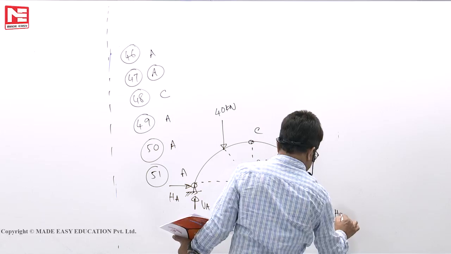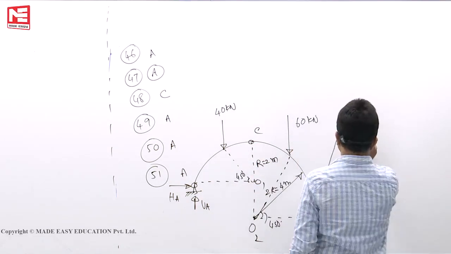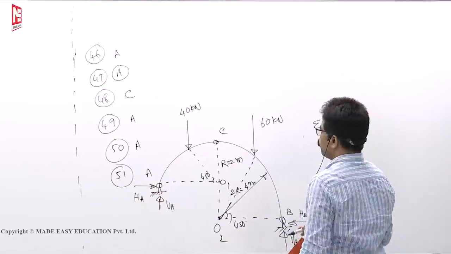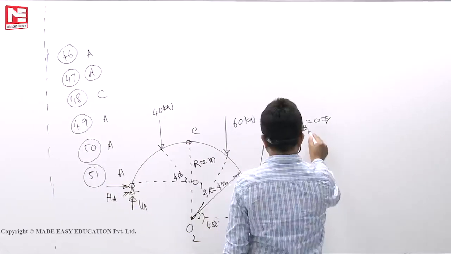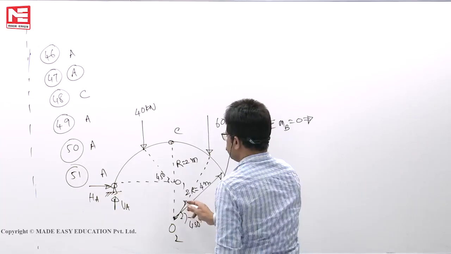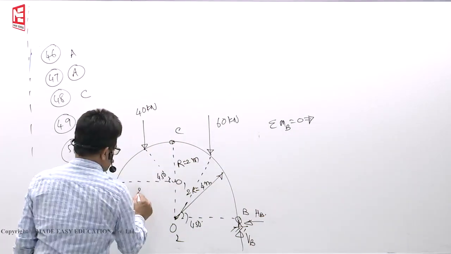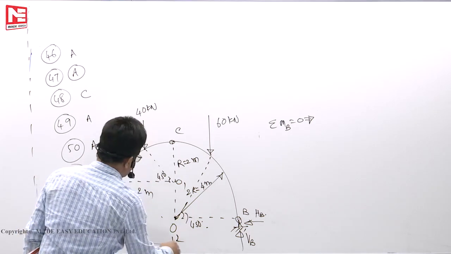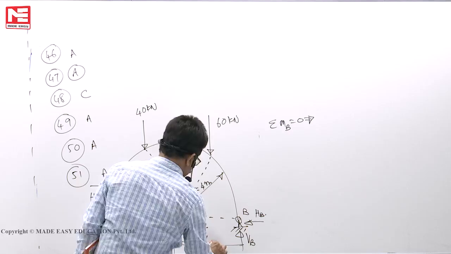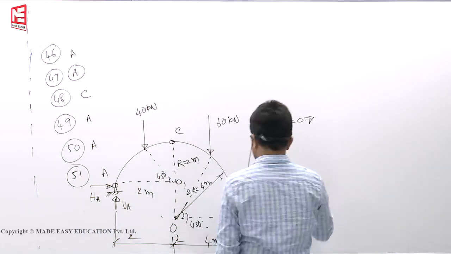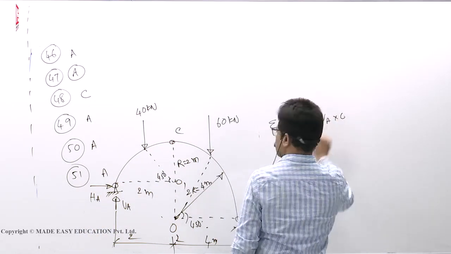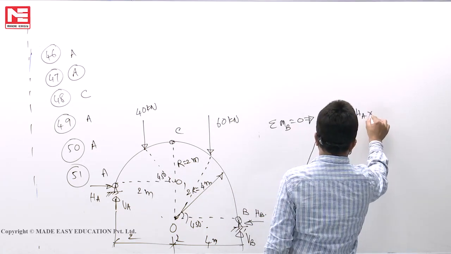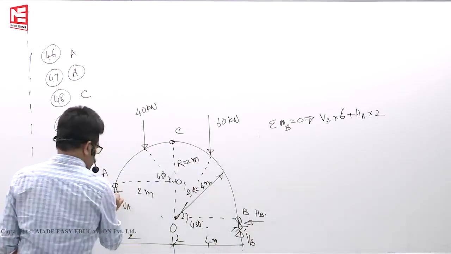Reactions are VA, HA, VB, HB. So first you take moments of all forces about B equal to 0. Sigma MB = 0: plus VA into 6, since this length is 2 plus 4, plus HA into 2, because this distance now becomes only 2 meters.